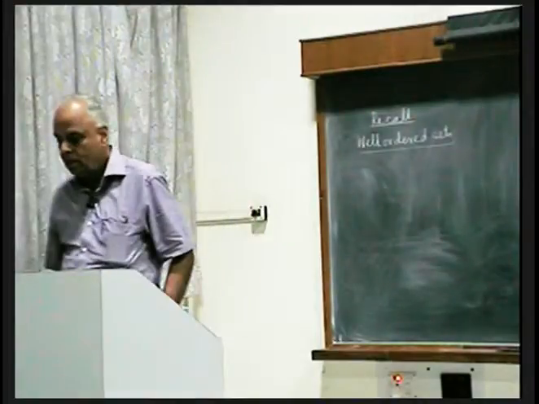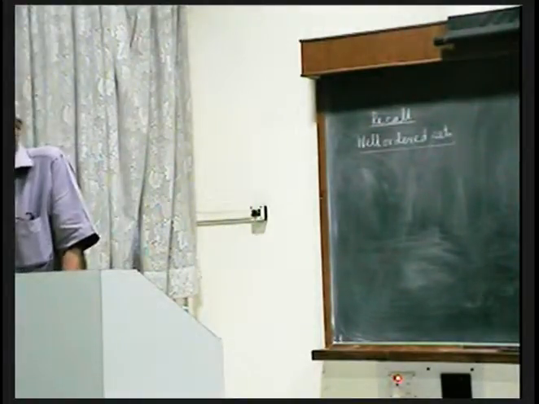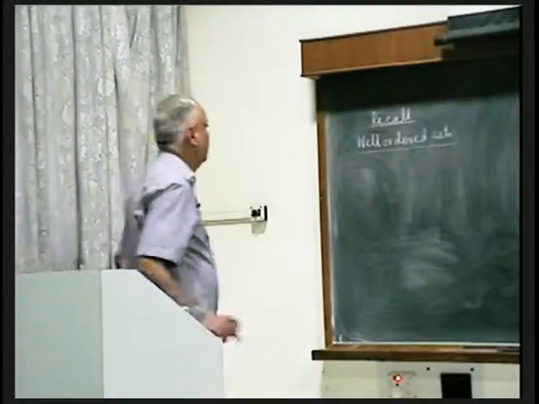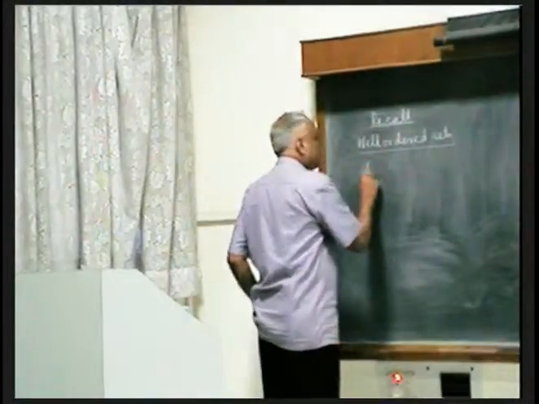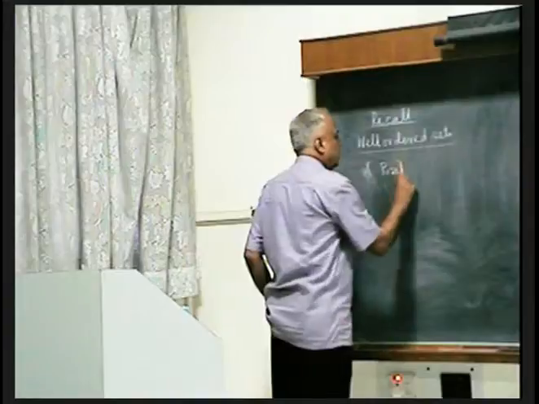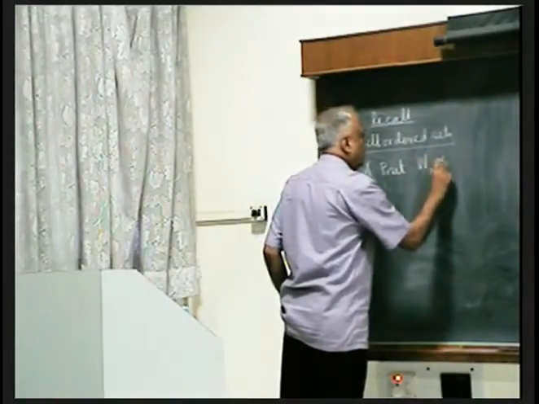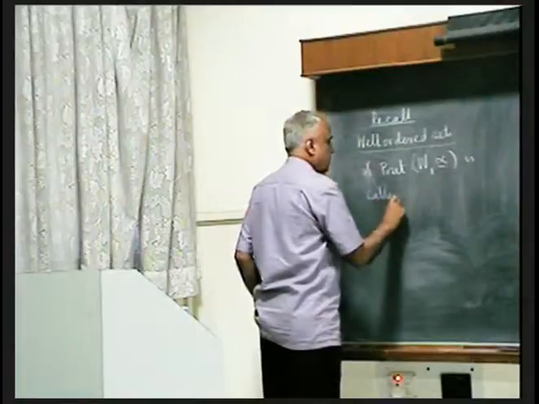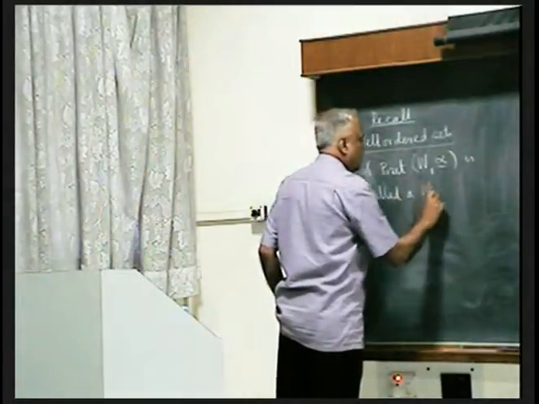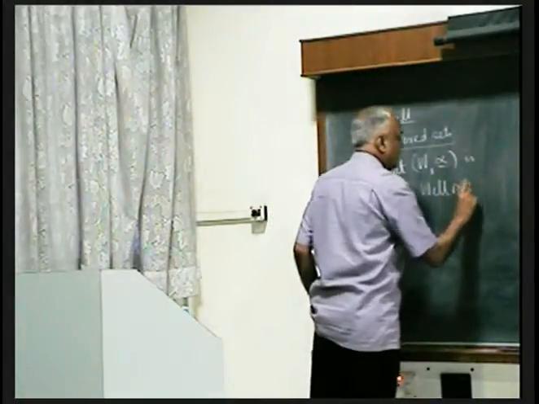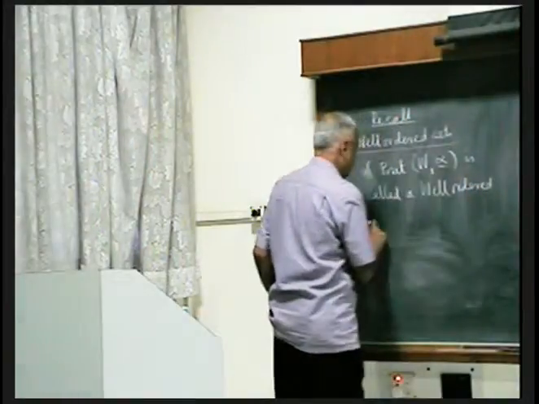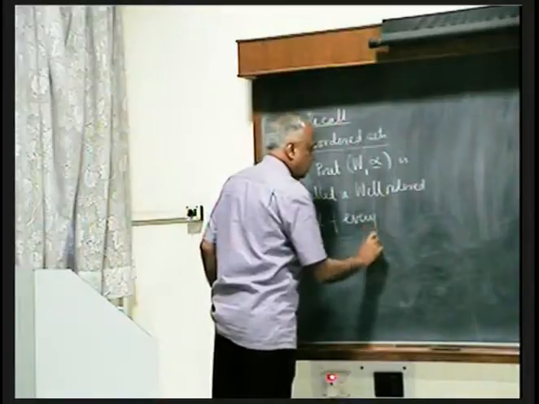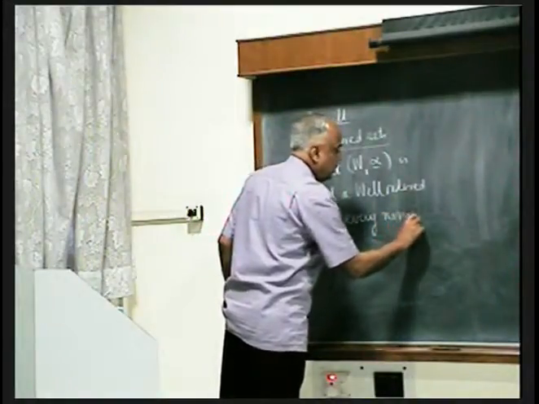So a well ordered set is a partially ordered set in which every non-empty set has a first element. So a partially ordered set is called a well ordered set if every non-empty set has a first element.